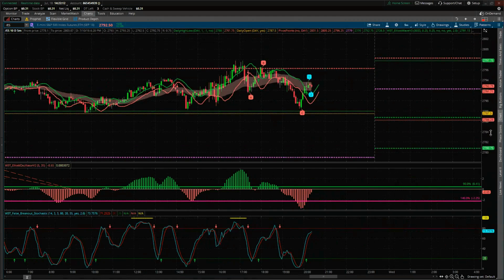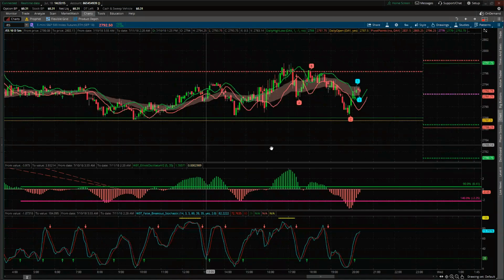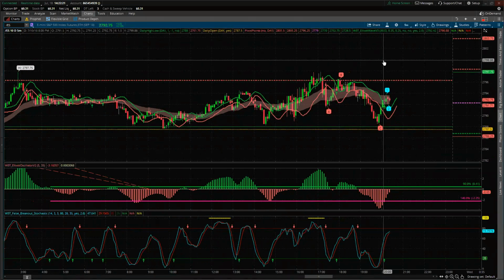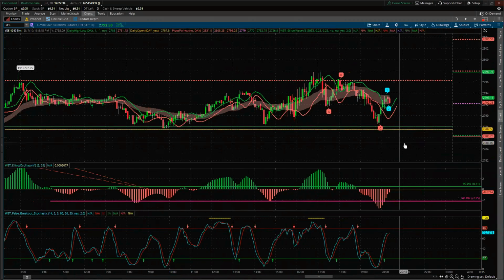We're in a correction, and we're in that tight range ever since the Asian session on the ES, okay? Why? Because this 2,800 is a massive resistance level. If it breaks through there, we're going to go, okay? So we're near some highs at the moment, and it's very tough to get through there.